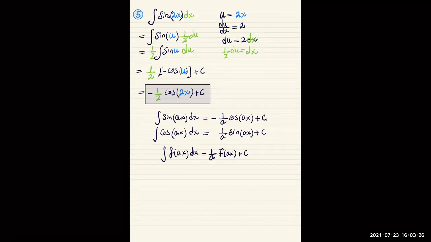So if you didn't have the a in front, if a was just 1, then here you get 1 over 1 cosine x. The antiderivative of sine x is negative cosine x, right? Of course you can. These formulas work all the time.